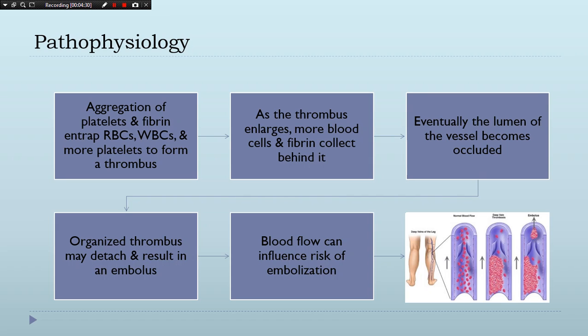In some cases, a clot is going to be able to organize and detach and result in an embolus or emboli. Usually it's going to go to the right side of the heart and into our pulmonary vasculature. Increased blood flow or turbulence can influence the risk of embolization.